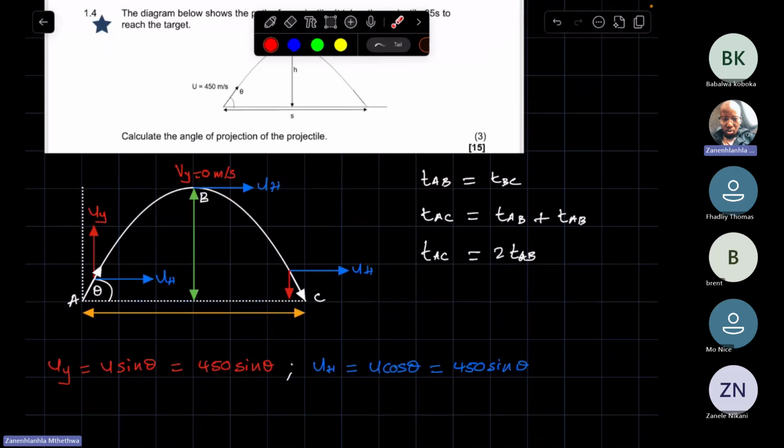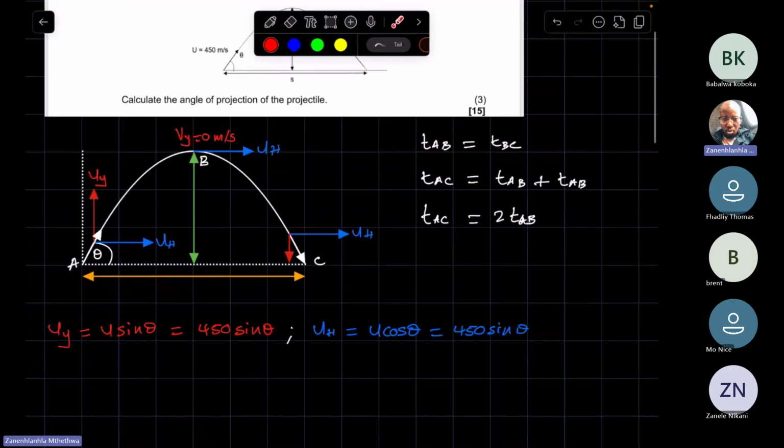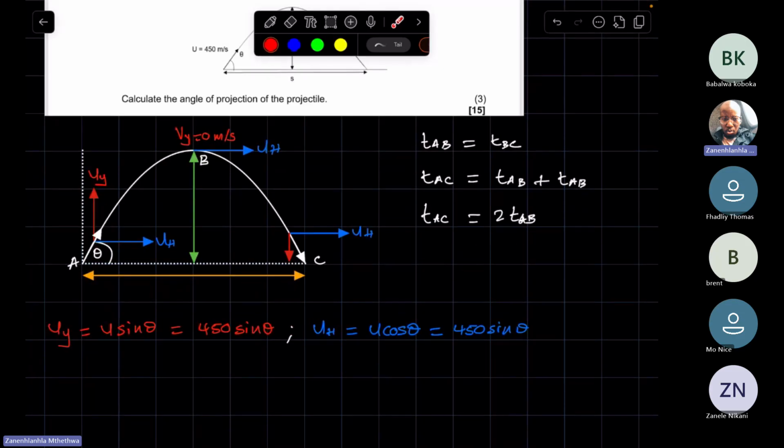Now let us look at how we can use that information to calculate the angle of projection for this one. We haven't been given the range, so obviously we cannot use that, which means there won't be a need to use this, because remember, we are only able to use this when we have to calculate the range.